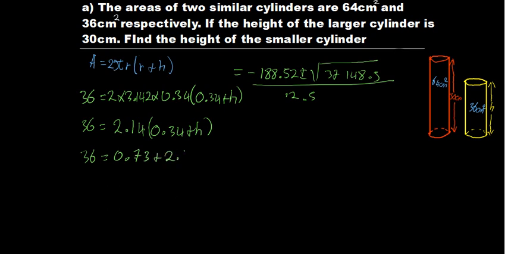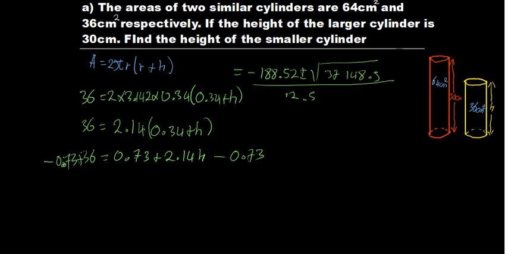We are going to subtract 0.73 on both sides, so this will be minus 0.73, and we do the same on this side as well. So here we say 36 minus 0.73.